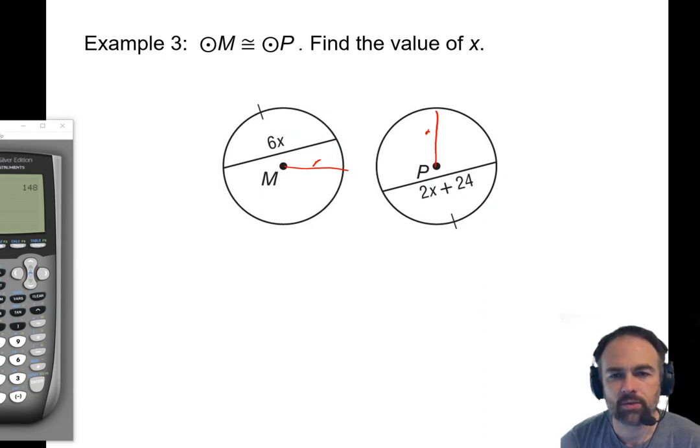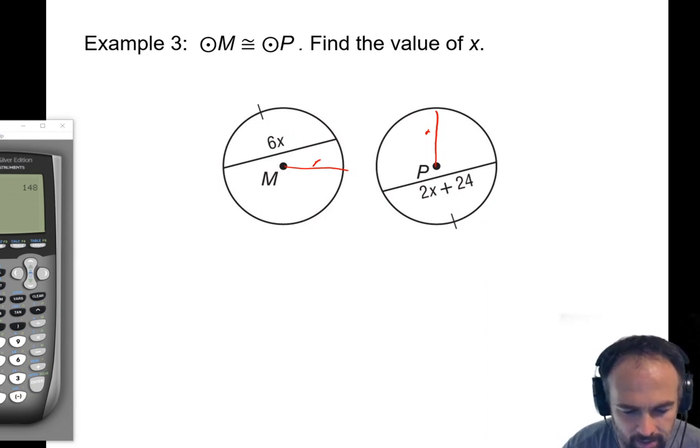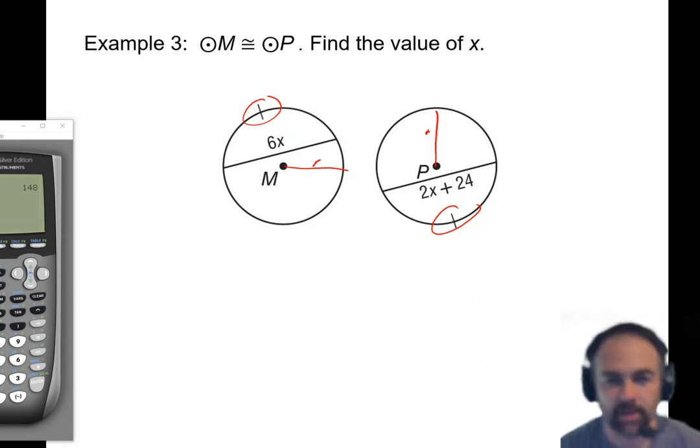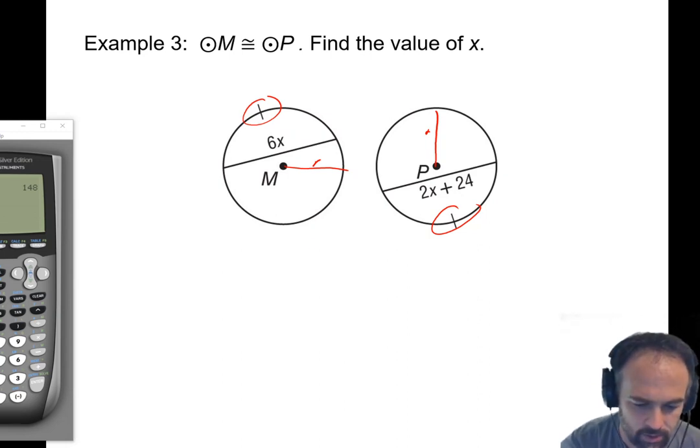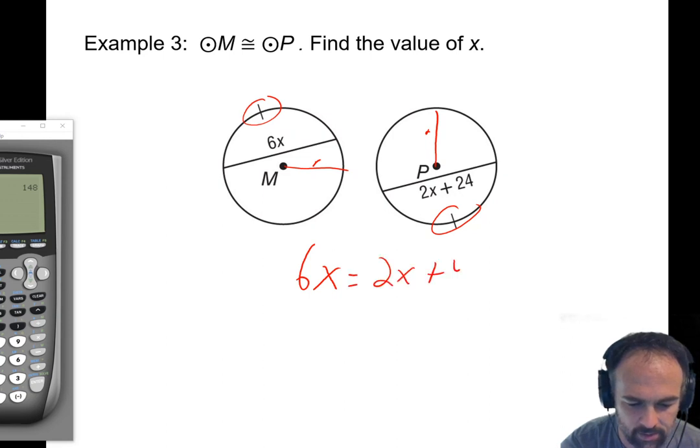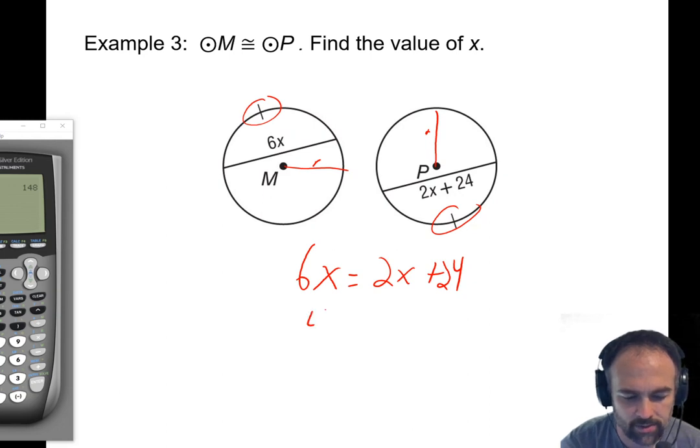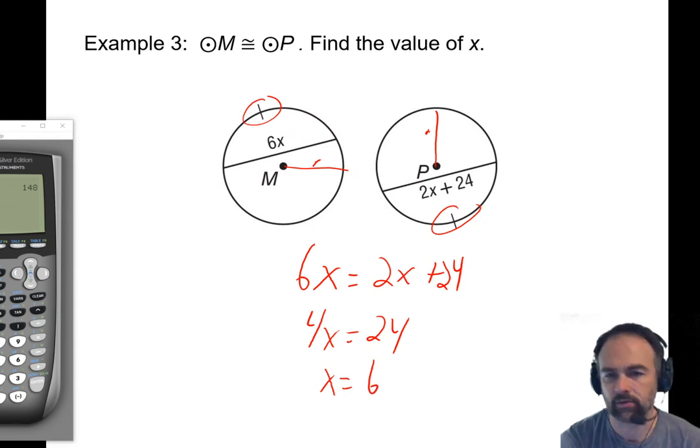So since we have congruent circles, and I've got my arcs marked as congruent here, that means that their intercepted chords are also congruent. So that tells me 6x is equal to 2x plus 24. Subtract 2x, 4x equals 24, divide through, x equals 6.